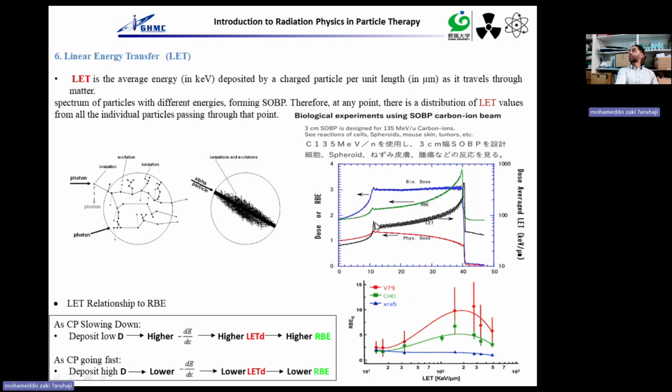Now this different LET value leads to different RBE values. Higher LET and RBE are always together. They move together. More LET, more RBE. Less LET, less RBE. Higher LET, higher RBE.